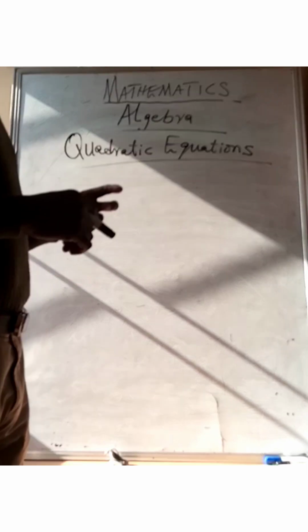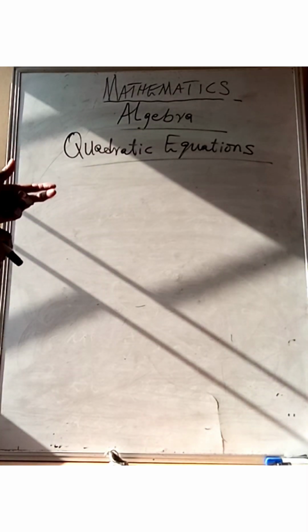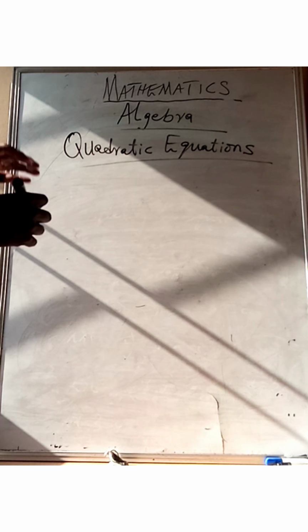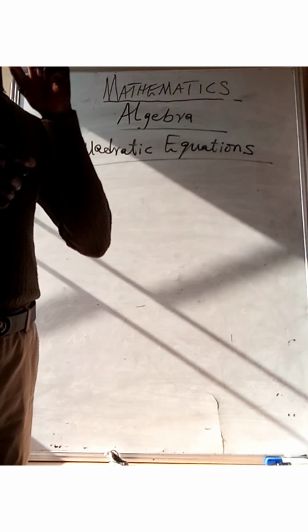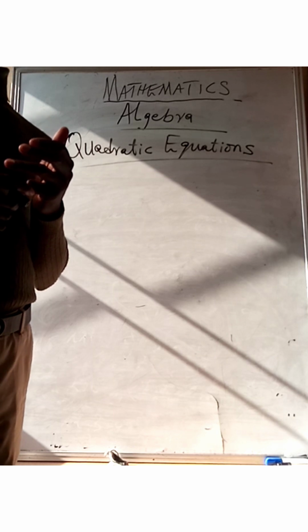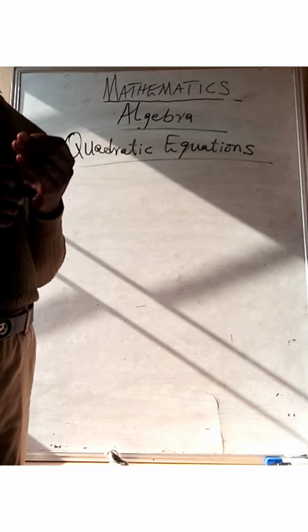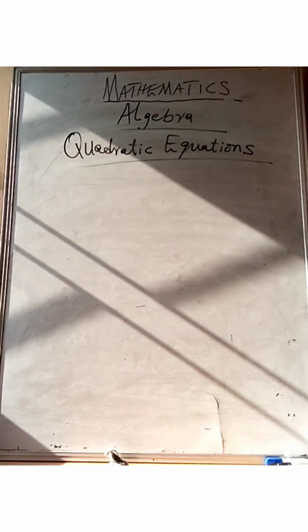So having talked about different methods of solution for any given quadratic equation, it is important to state at this point that it is not every quadratic equation that would be factorizable. So if the quadratic equation is not factorizable, then it requires another method of solution.